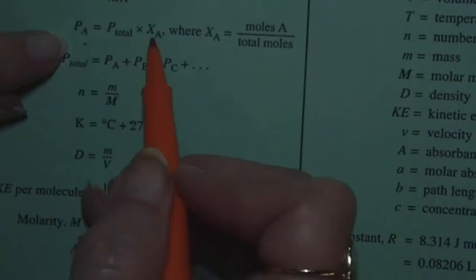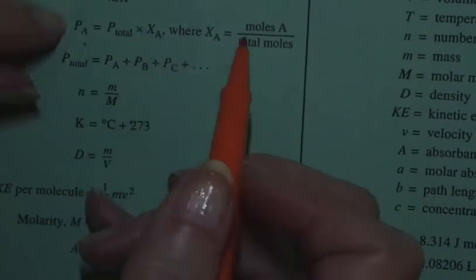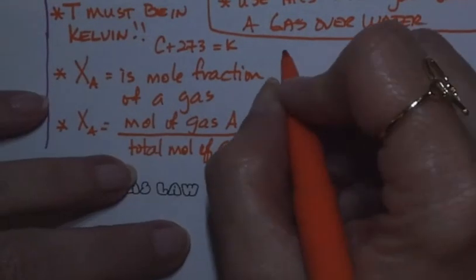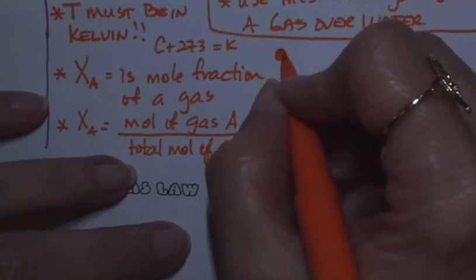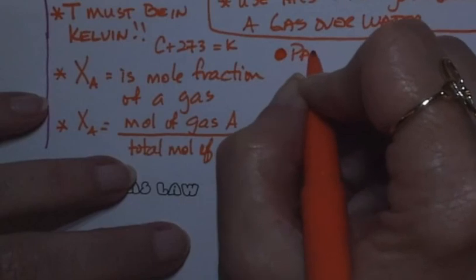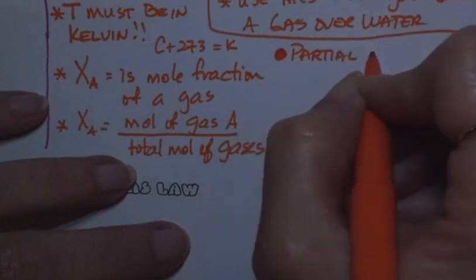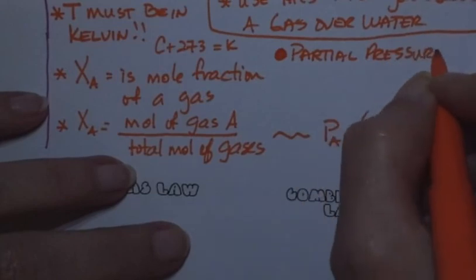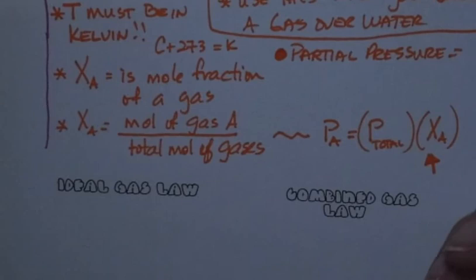Now, the one other thing I'm going to throw in there, and it's not an equation, is the partial pressure. The partial pressure is just the pressure of each gas in a mixture.